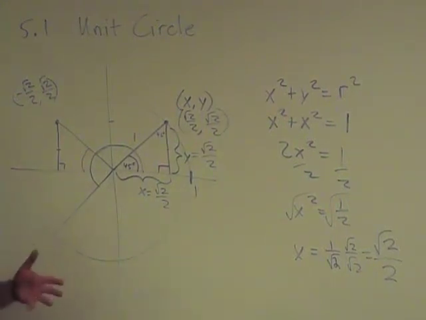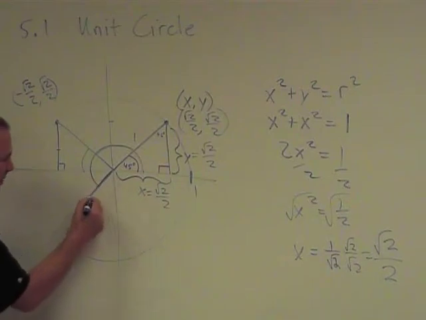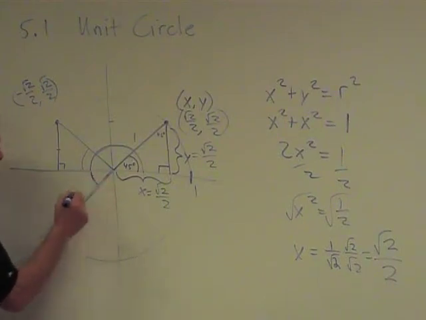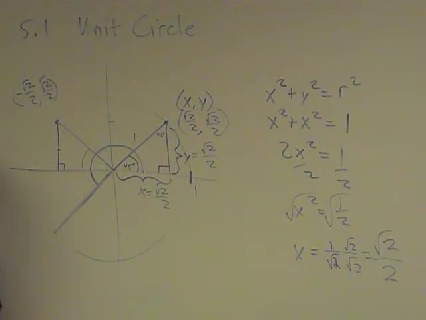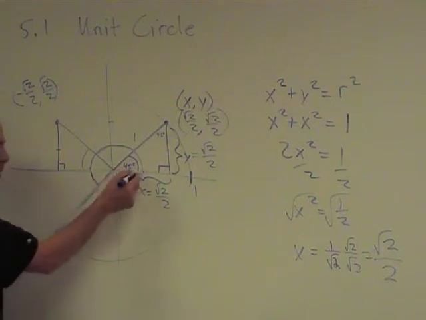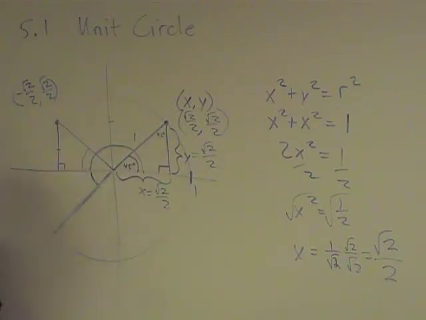So again, what's my reference? How close is this to, what's the reference to the x-axis? Isn't that going to be 45 degrees? Yes or no? 225 degrees is 45 degrees past 180 degrees. 180 degrees is a straight line, that's the x-axis.